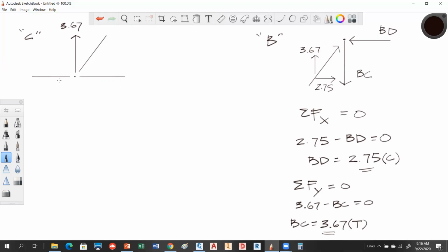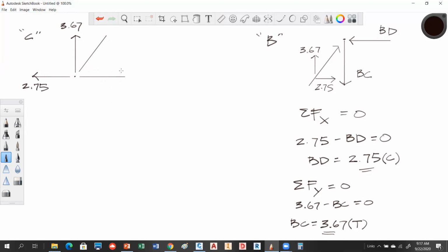Compression or tension? It was tension. It was tension? Okay, so that means it's going to be acting this way, right? Yeah. And what was the value of that? Was that 2.75? That's what I have written down. Okay, so that's 2.75. So we have two unknowns here. It's really kind of 1, 2, 3.